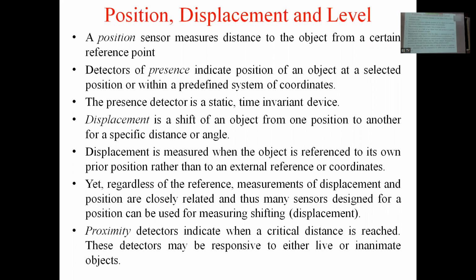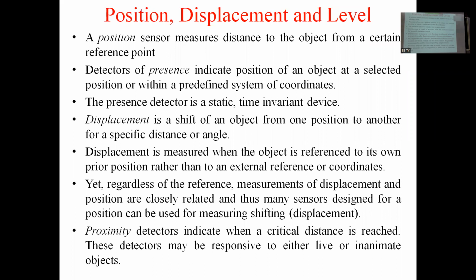It has a reference point, so compared to that reference point, what is the distance between that object and the reference point will be detected by the position type of sensor.